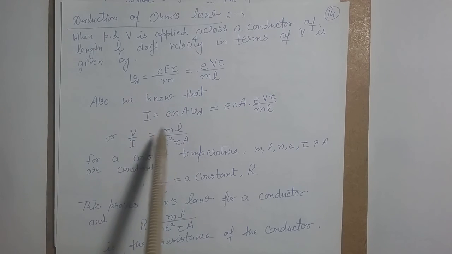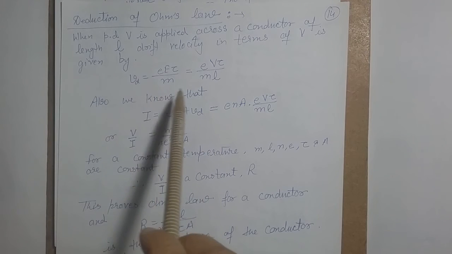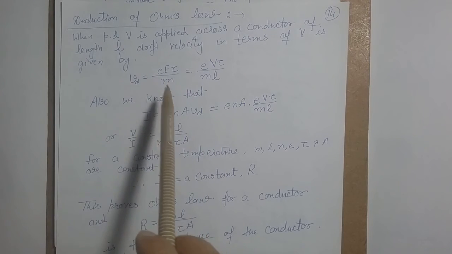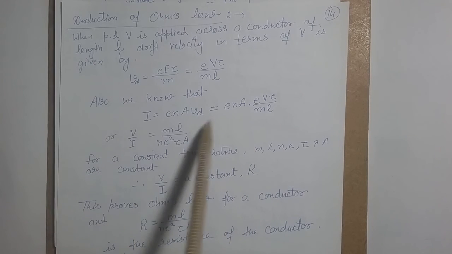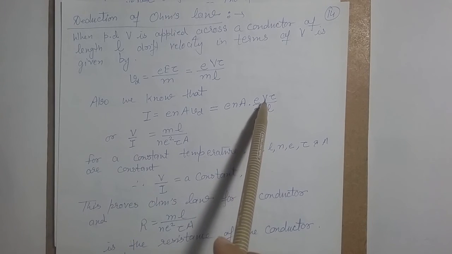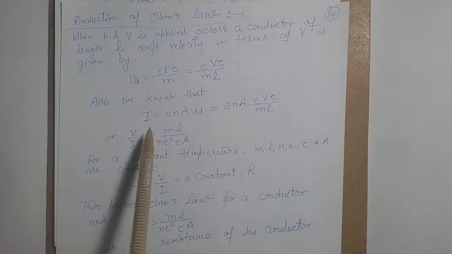We know that current is neAVd, and let us substitute the value of this Vd from here to here. From here we conclude, this is current and this is the potential. We can write V upon I, that is nothing but our resistance.